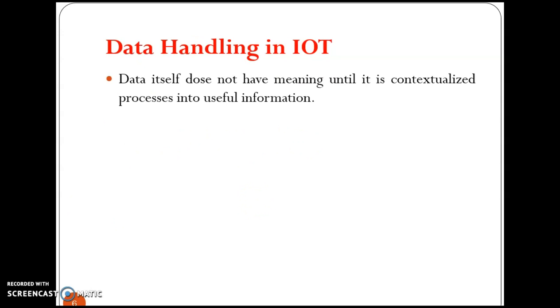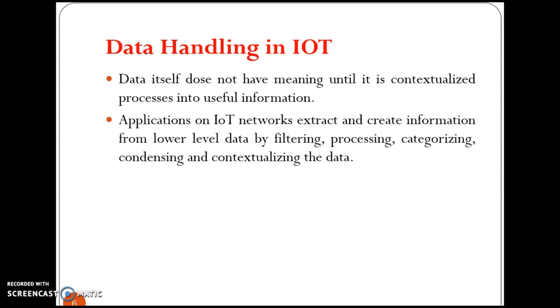Data itself does not have any meaning until it is contextualized and processed into useful information. That is, till the time we extract meaningful information from the data, that data doesn't have any meaning. So, applications on the IoT network extract and create information from the low level data by filtering, processing, categorizing, condensing and contextualizing the data.